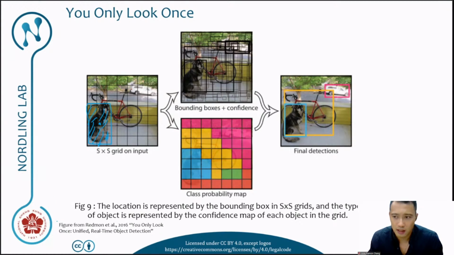Then for the bicycle, if I draw a bounding box around the bicycle, it will be something like this, right? With its center probably around here. So this will be the one that is responsible for telling me that there is a bicycle there, but all of these will be trying to give me some prediction for a bicycle.